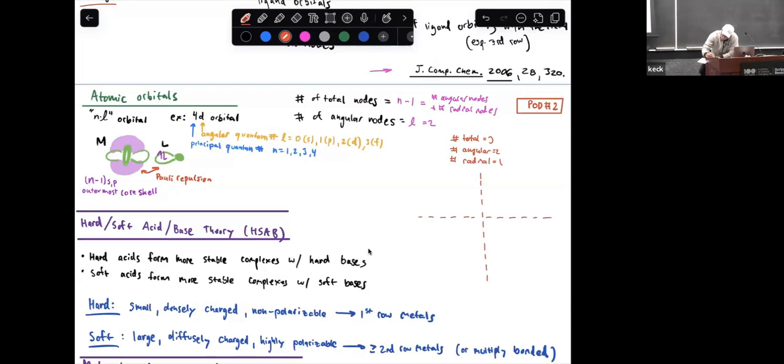So I'll explain what I'm doing here. We have two angular nodes, which I'm going to represent as I have here with these two lines, and then my one radial node. And that's pretty much it. That's the question. And then it's just about filling in the electron density.